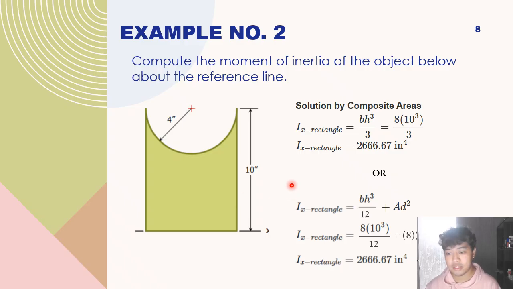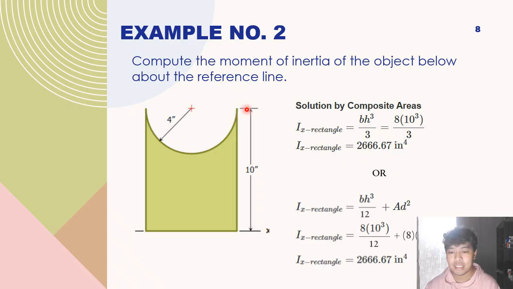So let's continue. We have again here our first method: bh cubed over 3. Let's just put in our data. Since our semicircle has a radius of 4 inches, our diameter for the whole semicircle is going to be 8 inches. That diameter is equal to the base of the rectangle, so our base is 8 inches.